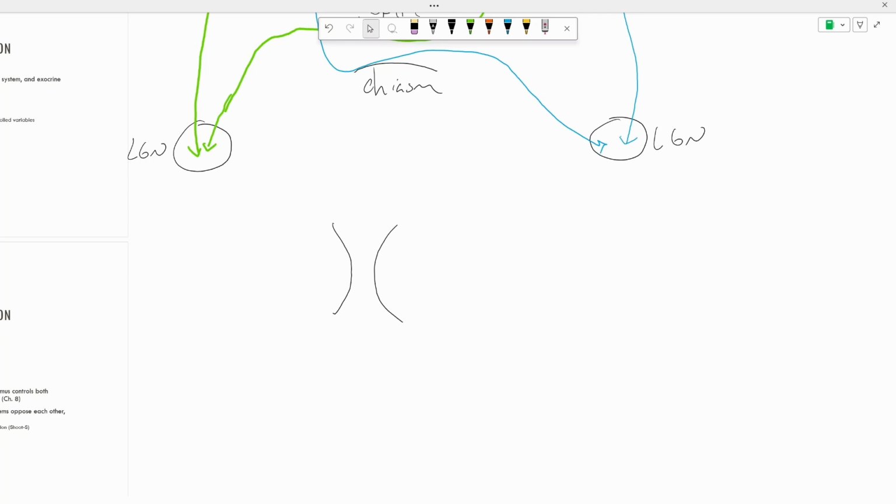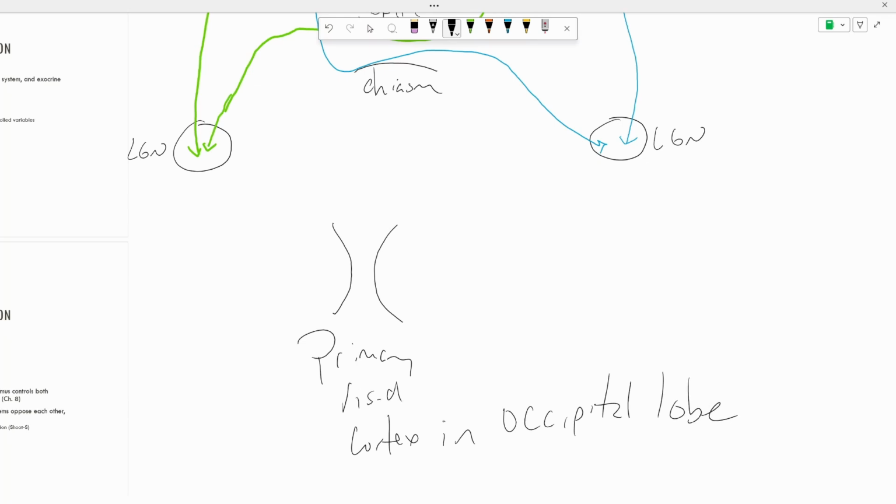Primary visual cortex. What lobe is it located? Yep. Okay. So all the greens go there, and then all the blues from the LGN here go there. And that is our visual pathways.